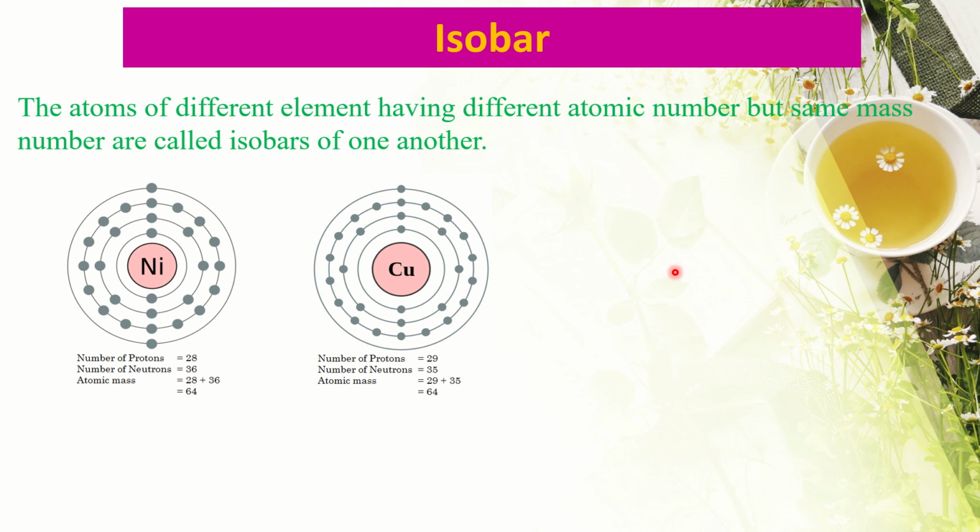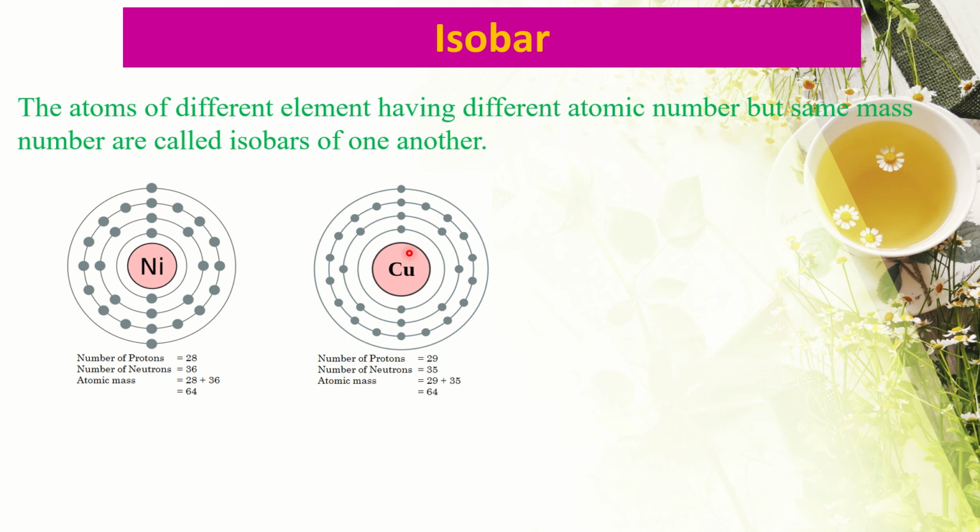For example, look, these are two different atoms, nickel and copper. The atomic number of nickel is 28 and the atomic number of copper is 29. But one has 36 neutrons, so its mass number is 64, and the other has 35 neutrons, so its mass number is also 64.